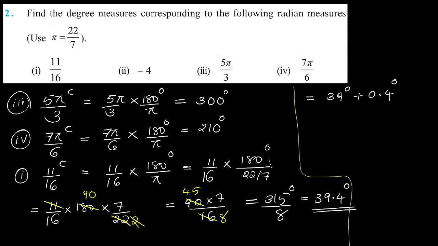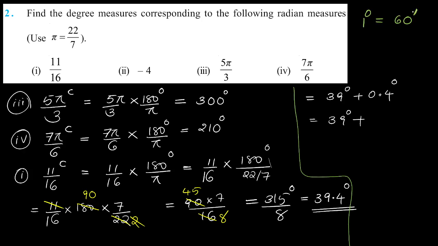You agree with me? Please respond. Is it correct? You know that 39 degree plus 0.4 degree, how many minutes is 0.4 degree? You know that 1 degree equals 60 minutes. Do you know that?